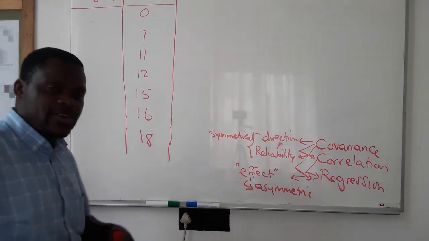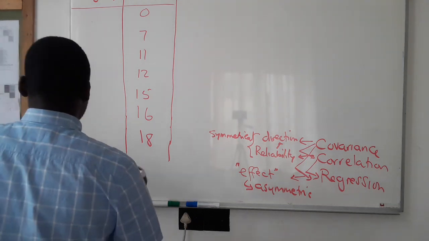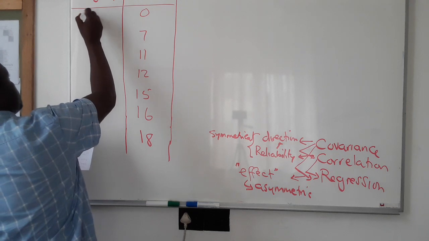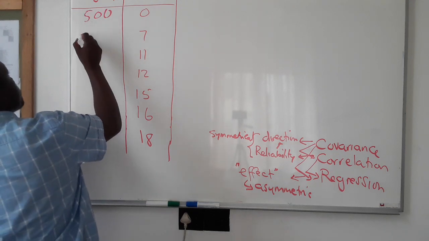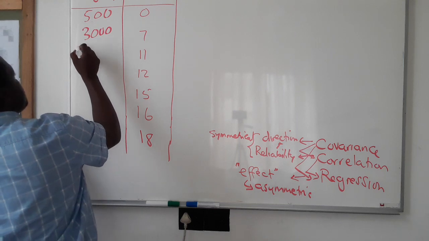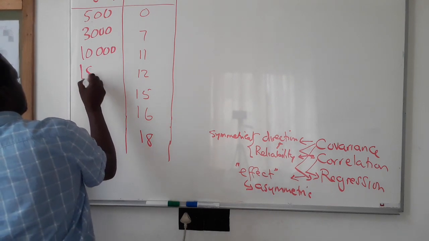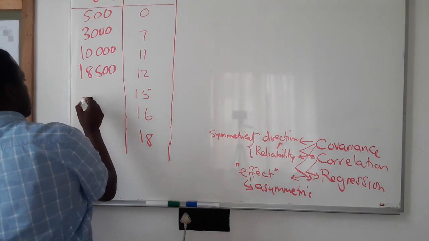We want to see how your wage changes. I'll just put the values that I have on paper: 3,000, 10,000, 18,500.